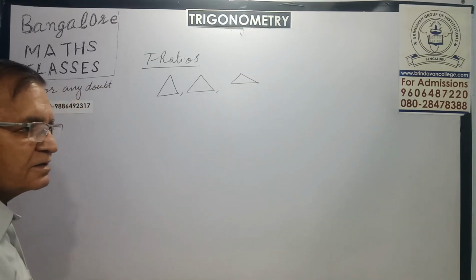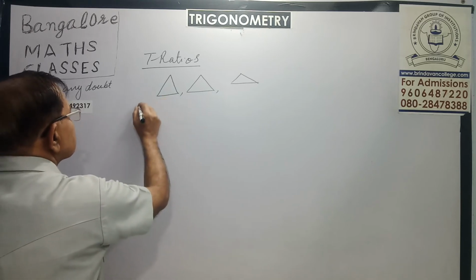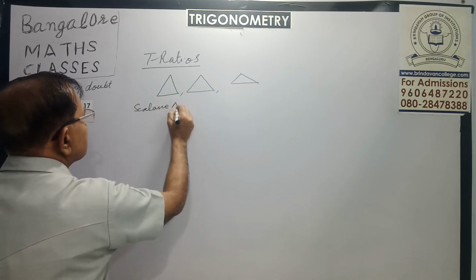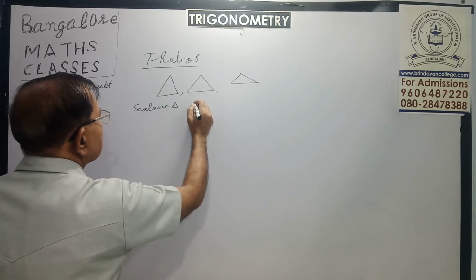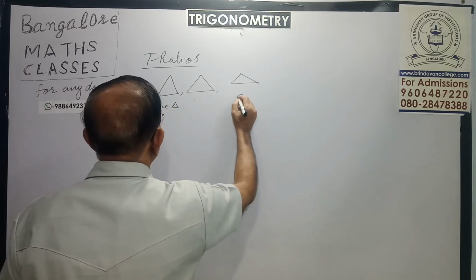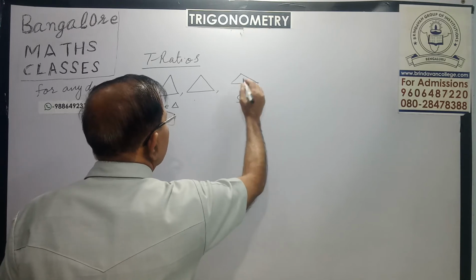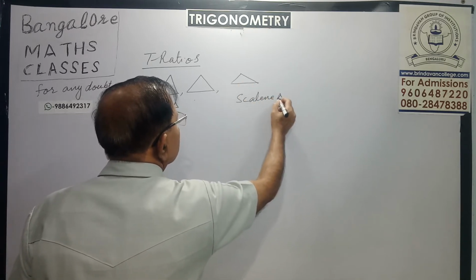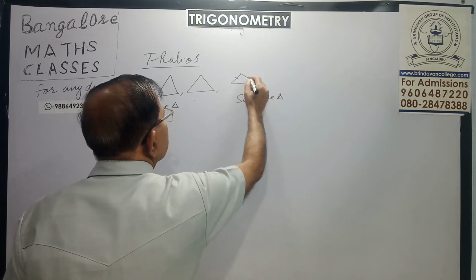So many types of triangles are there. Scalene triangle will come out to be here, where all sides are different.